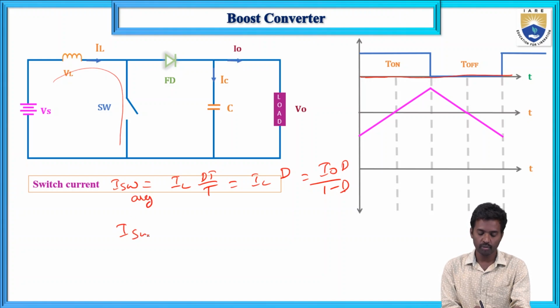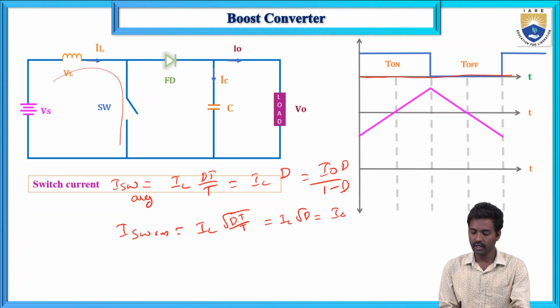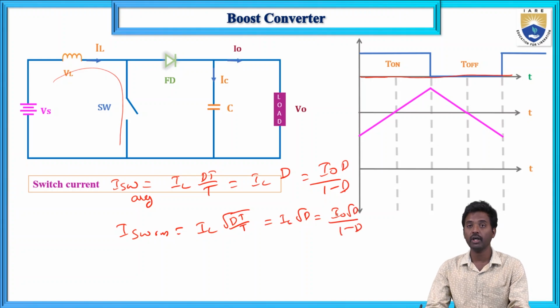So for ISW RMS value equals IL into square root of DT by T, that equals IL into square root D, that equals I naught into square root D by 1 minus D.